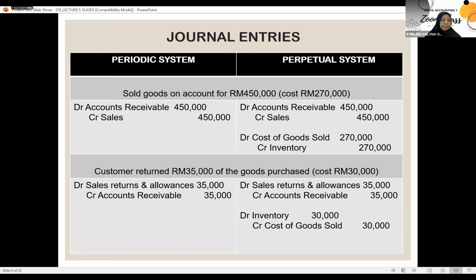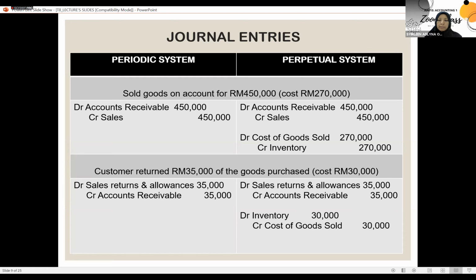So ada difference semasa beli, sebab perpetual guna inventory terus. Lepas tu kalau returns pun dia terus melalui the inventory accounts. Kalau sales, untuk sales kita ada 2 sets of journal, satu record pada harga jual, satu record pada harga cost, and when you receive return from your customers pun you akan record 2 kali juga.